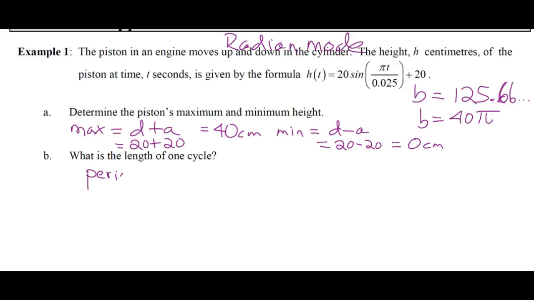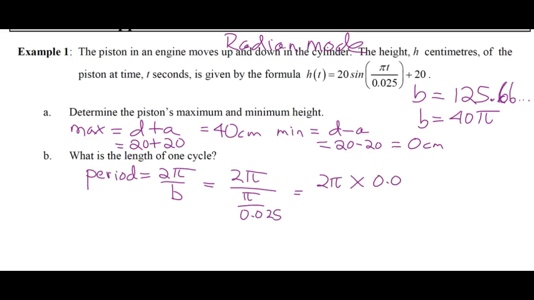So the period is equal to 2 pi over b, where b is pi divided by 0.025, which is 2 pi times 0.025 over pi, which is 0.050 seconds. Okay, so in this case, period has units associated with it, right? And as does height. So the height is in centimeters.